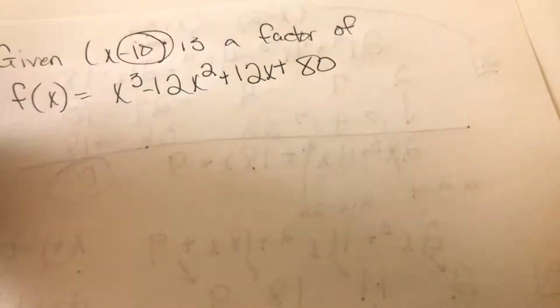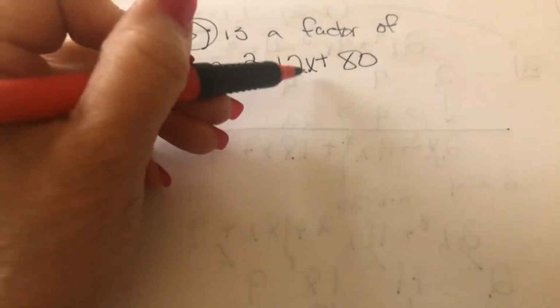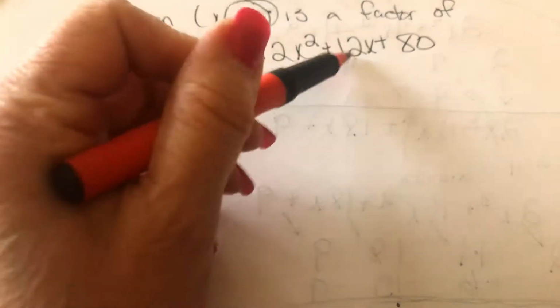So I'm going to start off by taking that negative 10 and making it a positive 10. Now we see we've got an x cubed, x squared, x and a constant, so we're good there. We do not have to add in a 0. So now we're going to take our coefficients: 1, negative 12, positive 12, and 80. Okay?